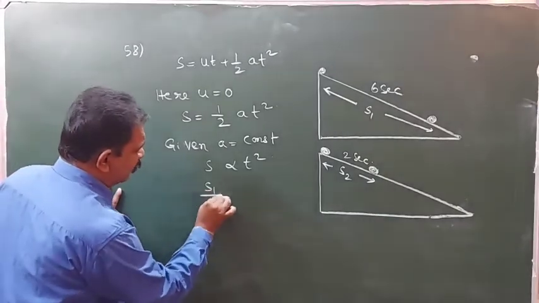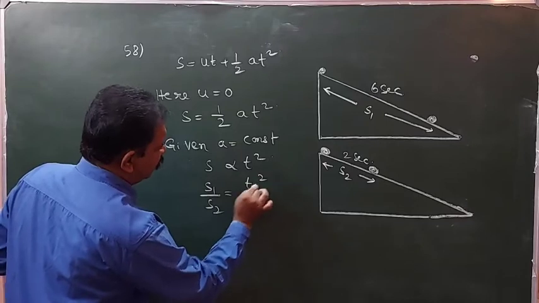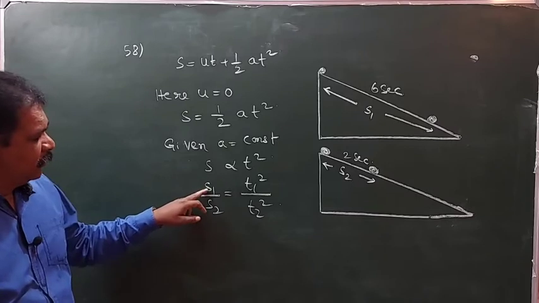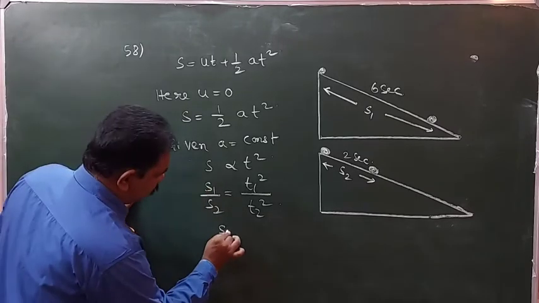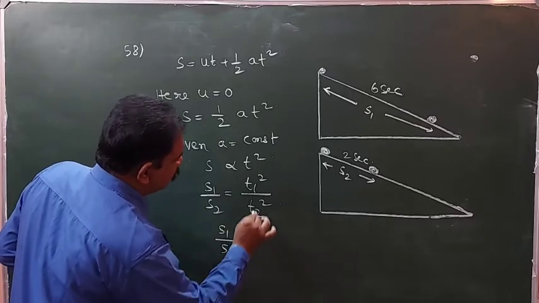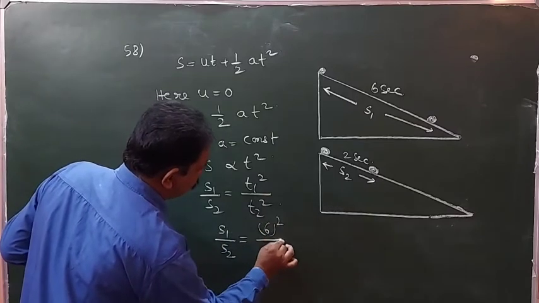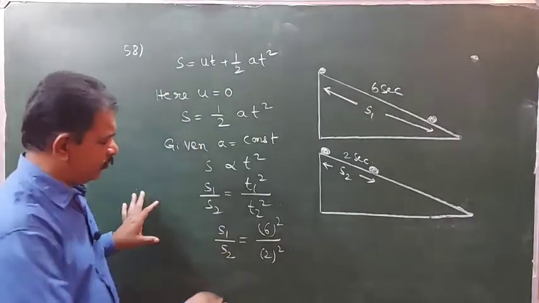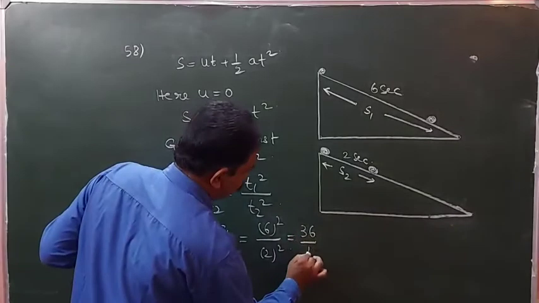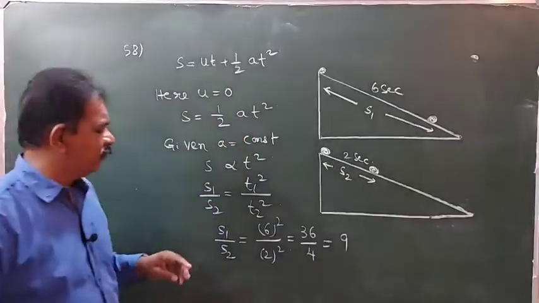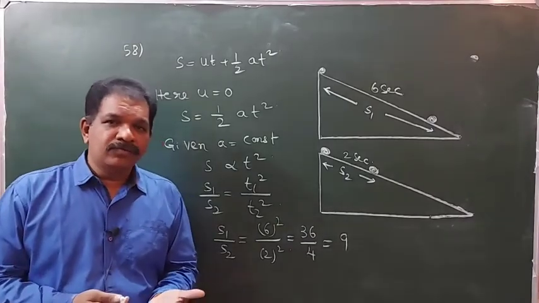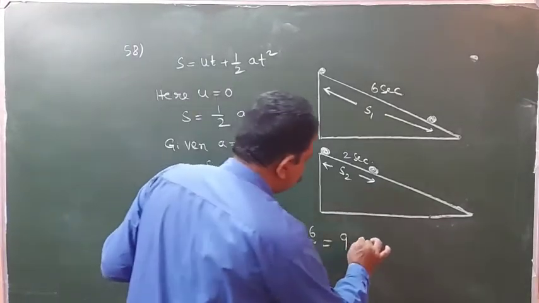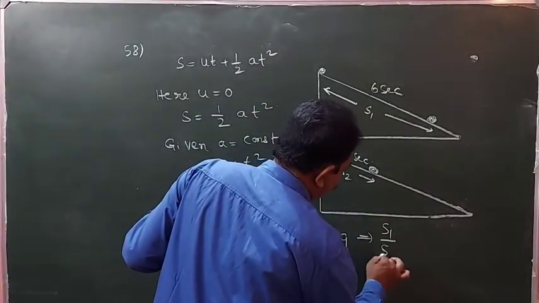So S1 by S2 is equal to T1 square by T2 square, which is 6 square by 2 square, 36 by 4. This will be 9. S1 by S2 is equal to 9.